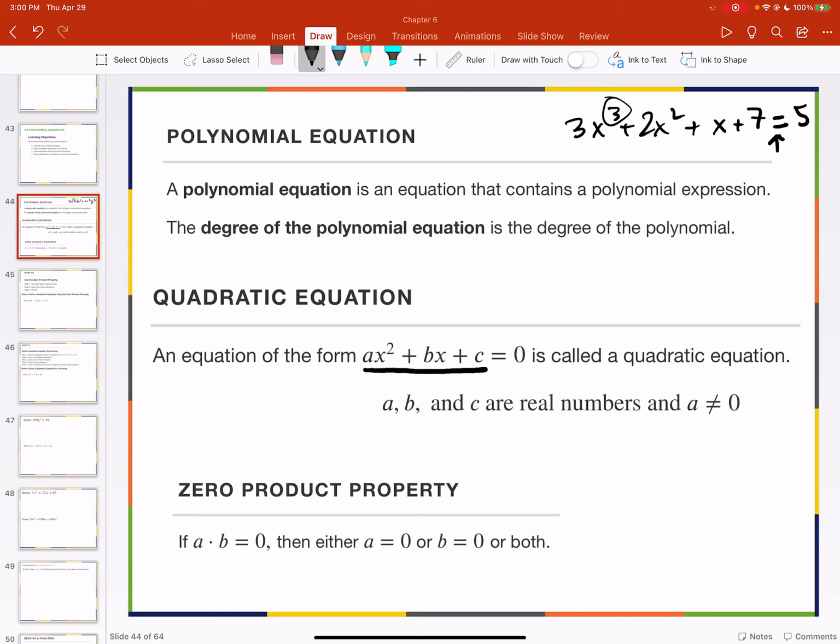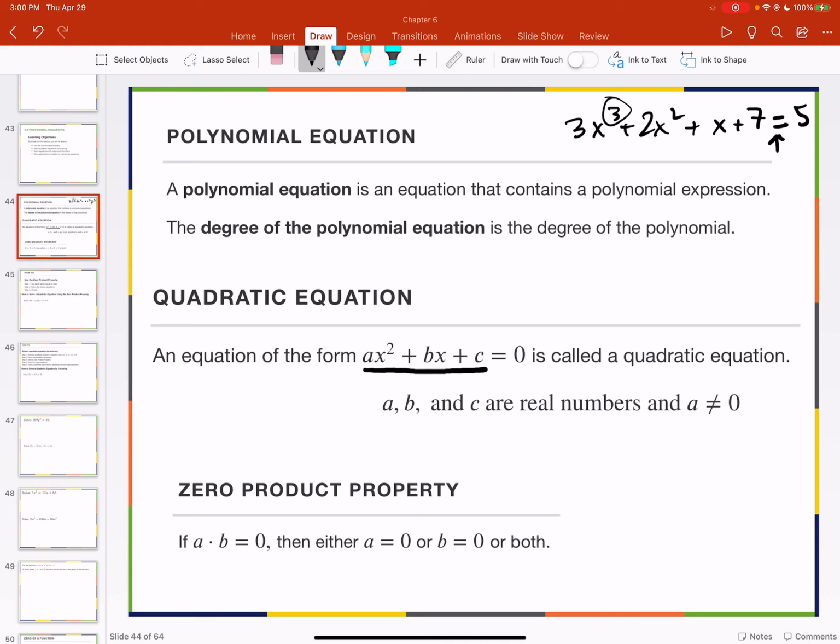Now, the way that we solve quadratic equations, and a lot of polynomials actually, is we use what's called the zero product property. Now, we're not in person, but if we were, one thing I like to ask people is, think of two non-zero numbers that when you multiply them, it equals 0. Can you think of any?